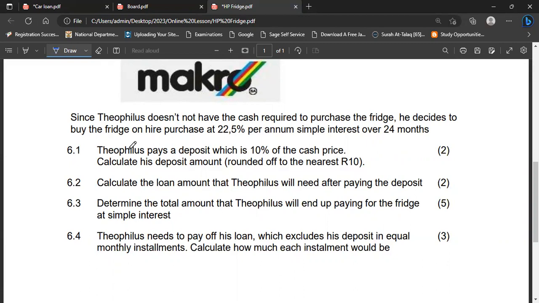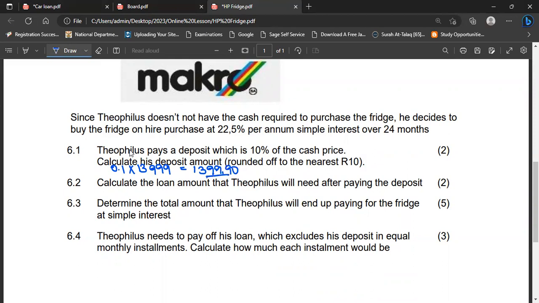Calculate the deposit amount. Now, here we shall take 10%, which is the same as 0.1 times 13,999. And let's see what answer we get. 1,399.90. This is the deposit that was required.